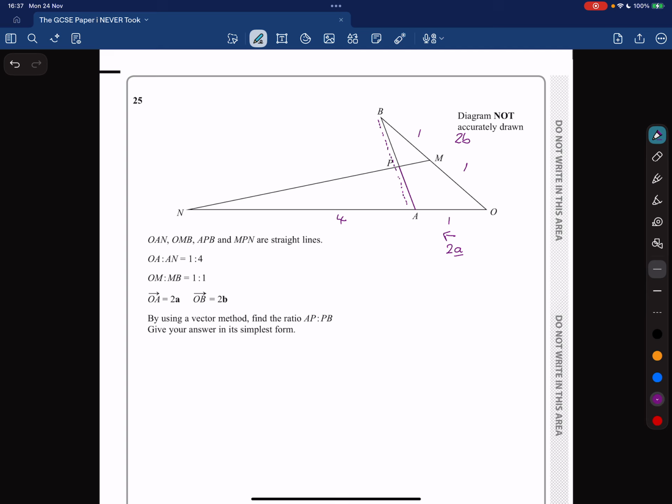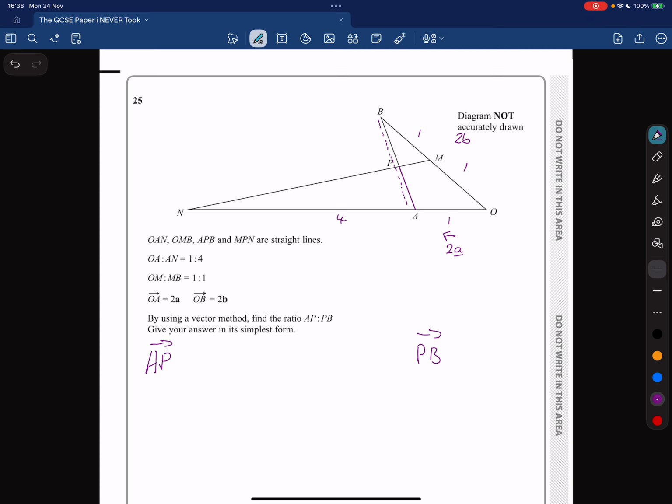This is horrible. So we need to work out A to P, and we need to work out P to B. To B is 1 to 1.